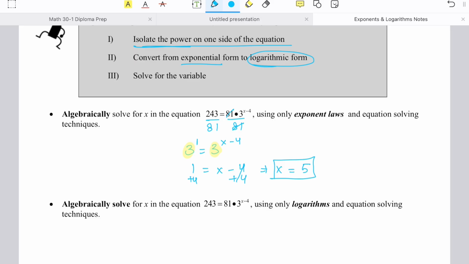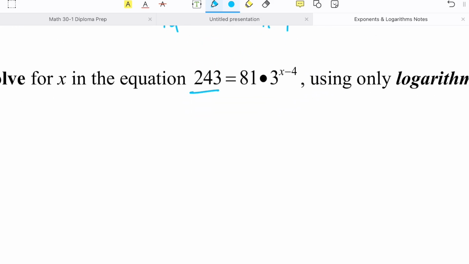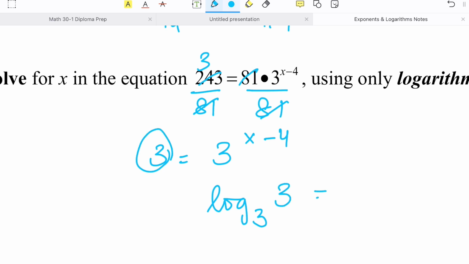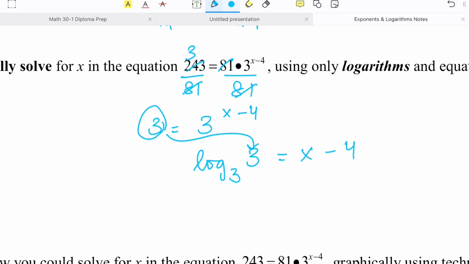Now we are going to try the next question using log only. So what we're going to do is, again, do the same thing. Divide by 81. I get 3 is equal to 3 to the power of x minus 4. Now, to convert this into a log, my base is going to be 3, and I'm going to have 3 over here, because that gets the bump and shuffle thing we talked about, x minus 4. Now, remember, when the base and this are the same, it'll just be 1 is equal to x minus 4.